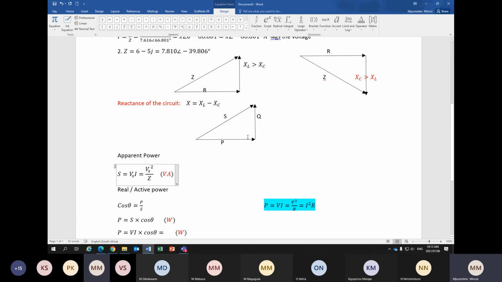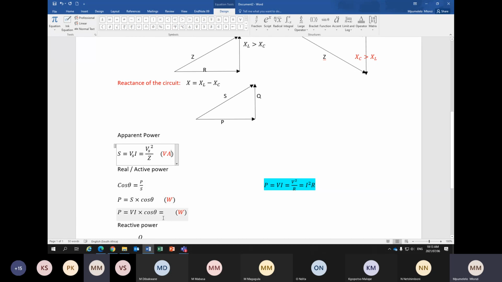And now, if we want to calculate that of the active power, using the same V squared over something, what do we have where we find the active power for the impedance?